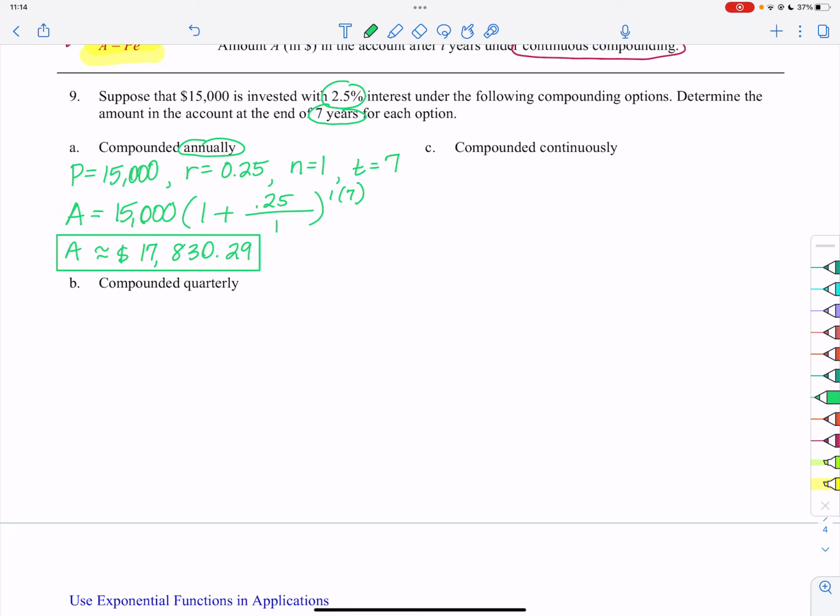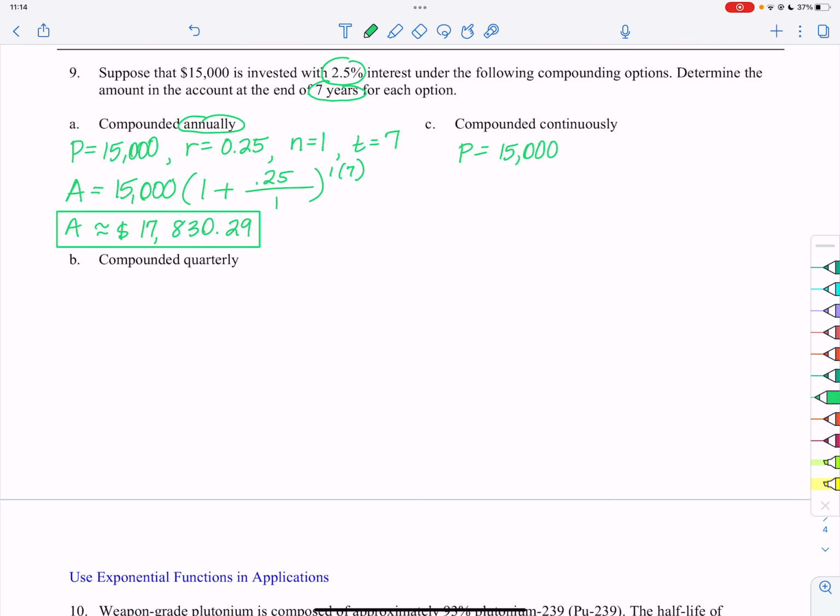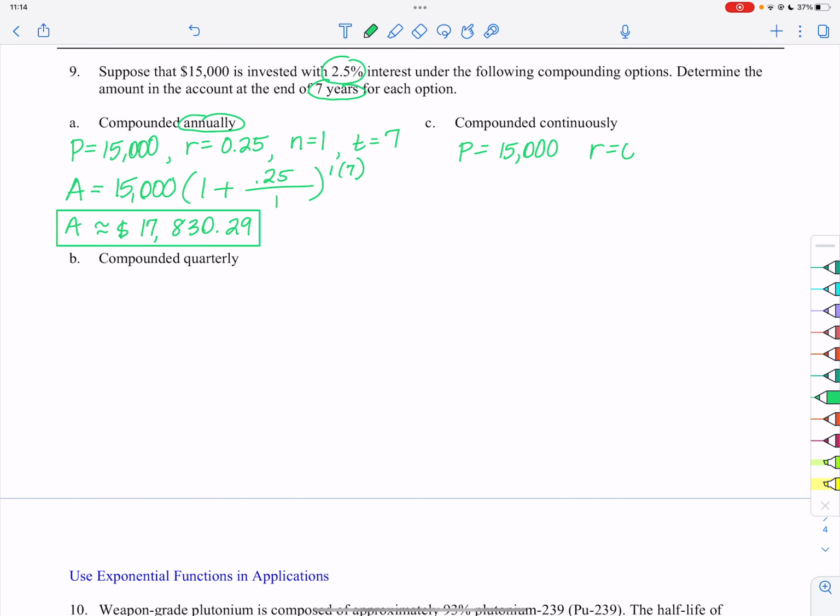Now, let's look at compounded continuously. We still have our principal amount is $15,000. Our rate is 0.025 and our time is 7 years.